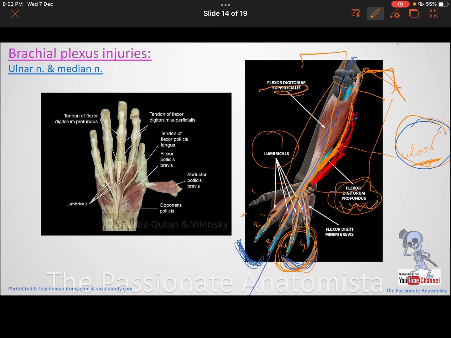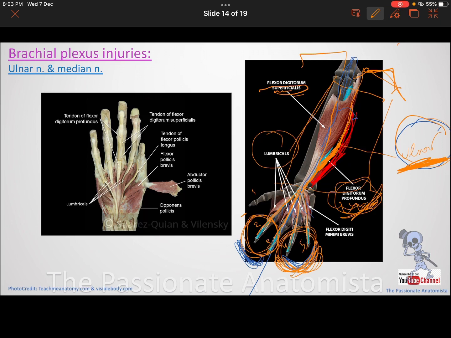Now, what about the lateral two lumbricals? They are supplied by the median nerve. So now it makes sense that the medial two lumbricals and the medial part of profundus are supplied by ulnar nerve, and everything else is supplied by median nerve.